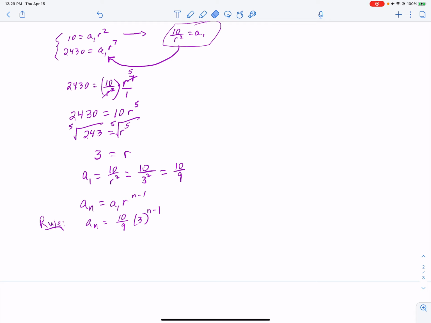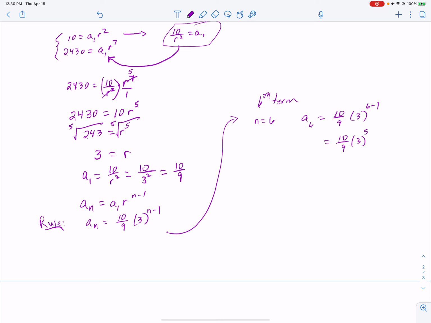And so now it asks for what is the 6th term. So continuing for the 6th term, when n is 6, I'm going to have a sub 6 is 10/9, and 3 to the 6 minus 1, which is 10/9, 3 to the 5th, and 3 to the 5th is 243.